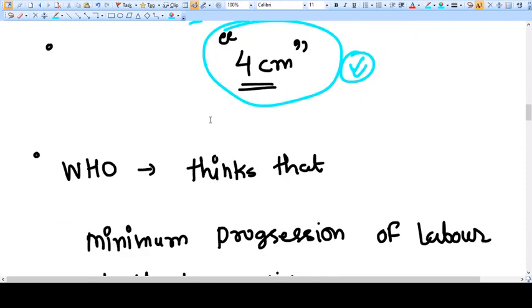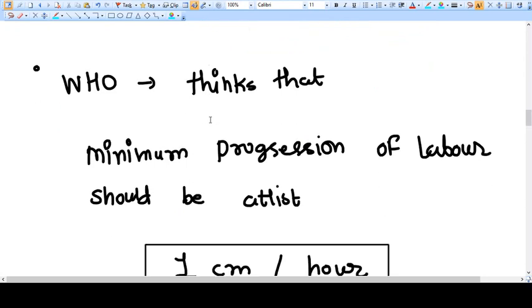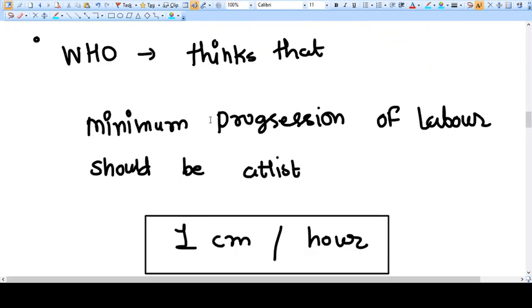Now, one thing very important is this. The think tank in WHO considers the minimum progression of cervical dilatation to be 1 centimeter per hour. It is a minimum.